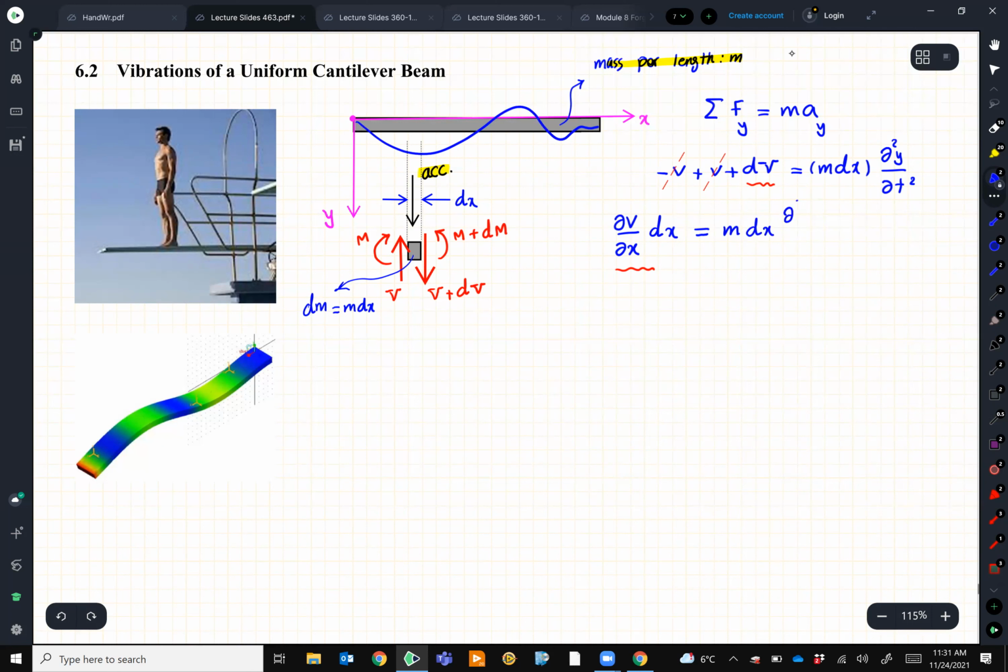And on the other side, I will end up with m dx times the second derivative of y. I can get rid of dx. And what I got here is the derivative of V with respect to x is equal to m multiplied by acceleration.